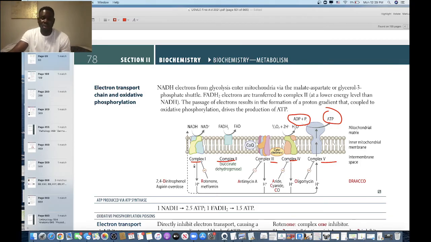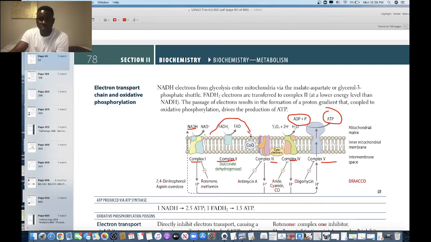In here we have complex 1, which takes the NADH and pumps the hydrogen out, and then we are left with NAD plus. Now this hydrogen is going to be given to coenzyme Q.